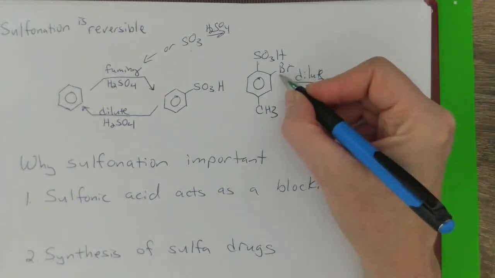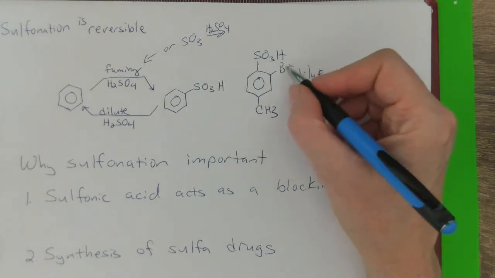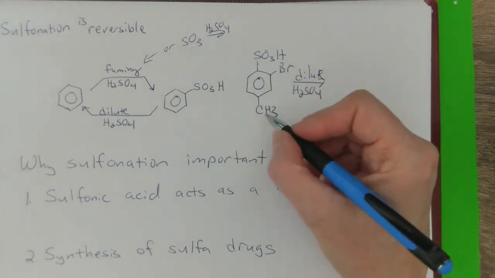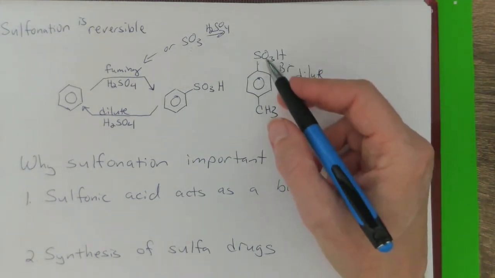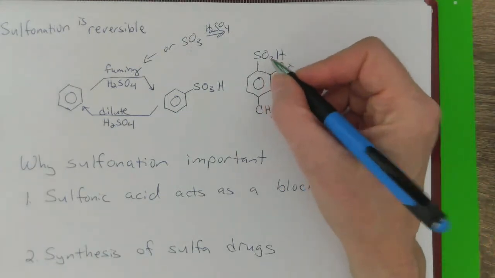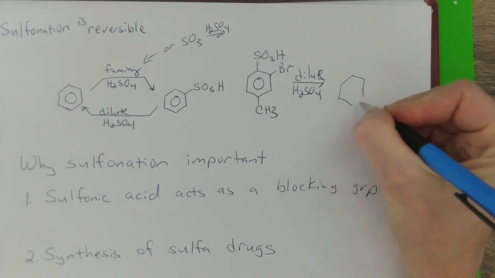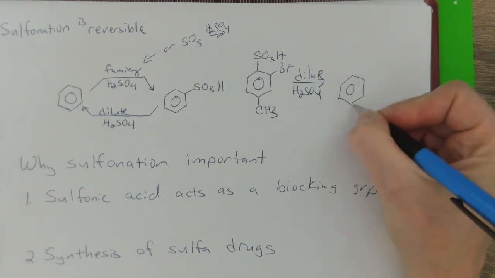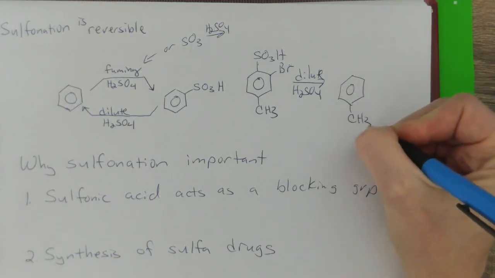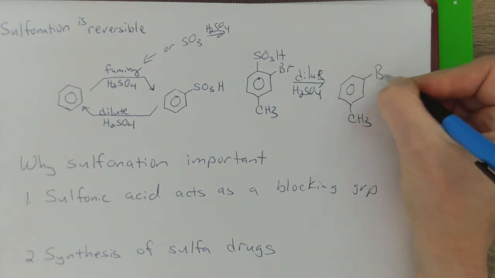So it's much harder to remove a bromo group or a chloro group or a methyl group from a benzene ring than it is to remove a sulfonic acid group. So we can use this to sort of block that position, and we'll see lots of that next week.